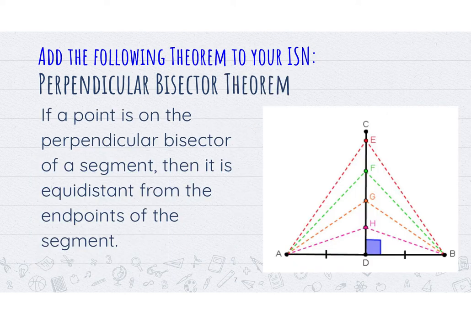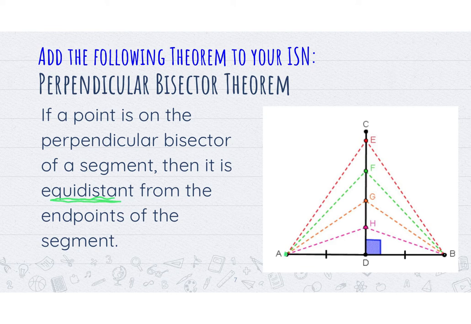So we're also going to add to our notes the perpendicular bisector theorem. And that just tells us that if a point is on the perpendicular bisector of a segment, then it is equally distant from the endpoints of the segment.